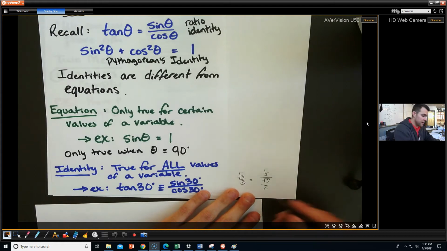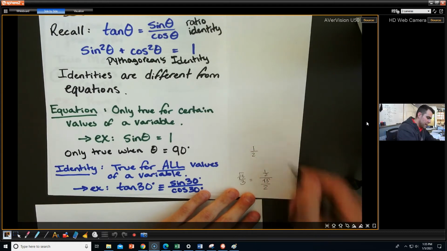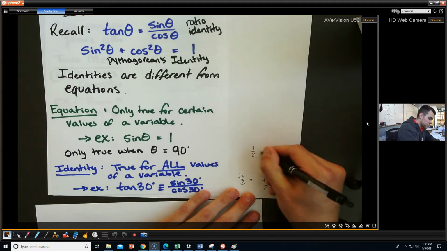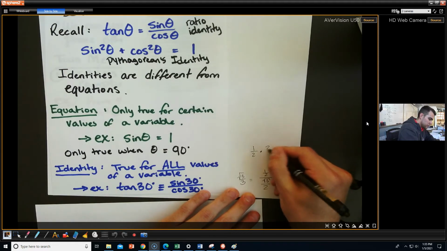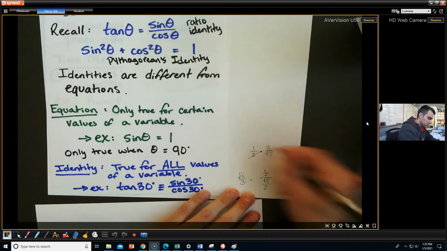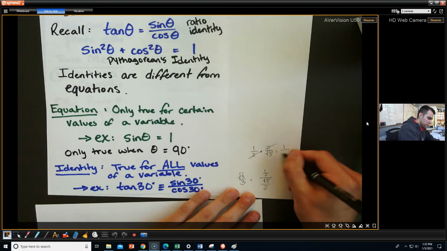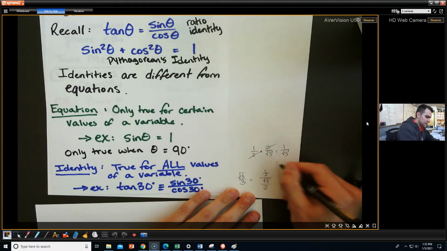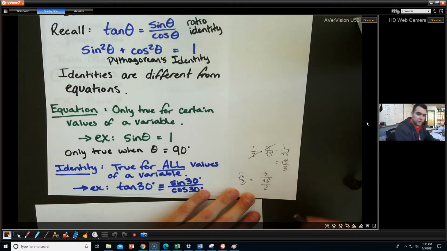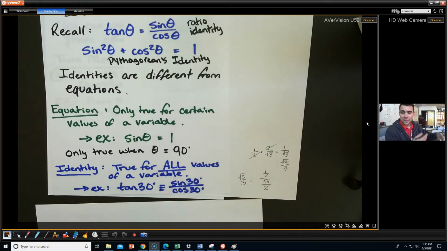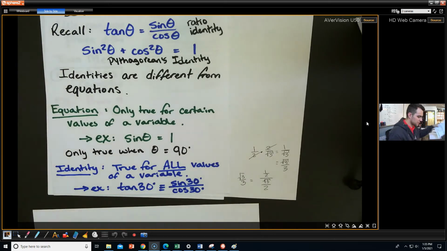Now if I divide these, I multiply by the reciprocal: 2 over square root of 3. The 2's cancel. I'm left with 1 over square root of 3, and that can turn into square root of 3 over 3. So it is true. The identity works. Math is working. The universe is not imploding on itself.